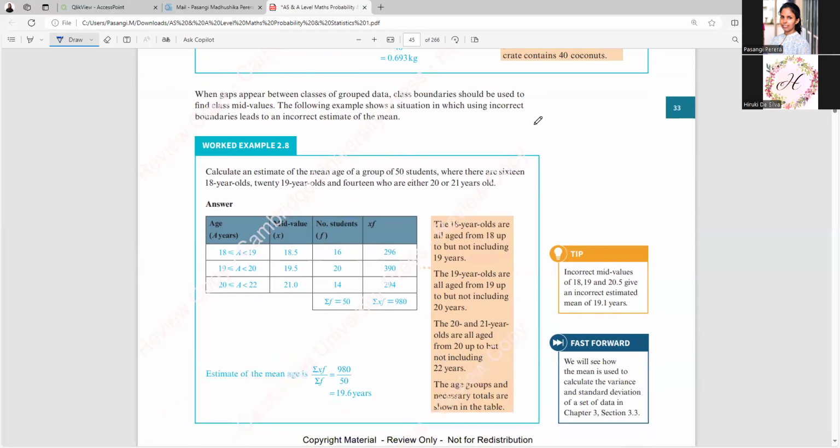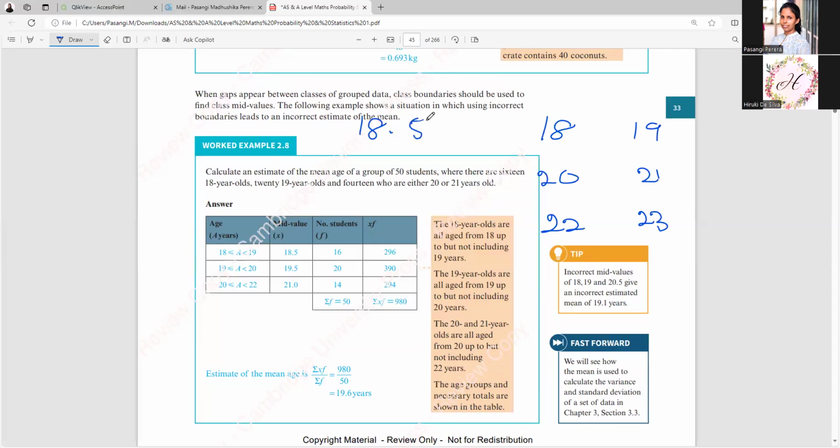In some cases, what they have defined is, if it's 18 to 19, and then let's assume 20 to 21, then 22 to 23, if you take the mid value, 18 plus 19 divided by 2 is 18.5, no?